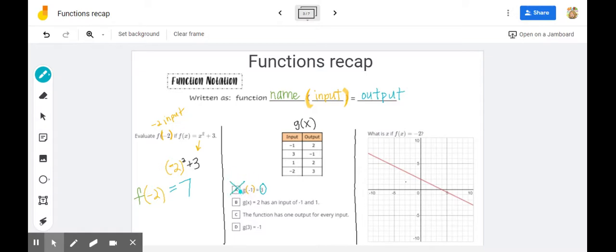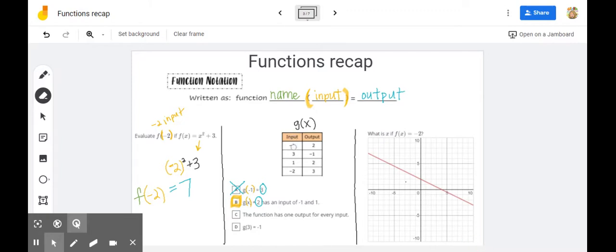So I would not select letter A. Letter B says that I don't know the input of g, but I do know the output is +2. So if my output is +2, it's claiming that those must have an input of -1 and +1, which is in fact truthful.